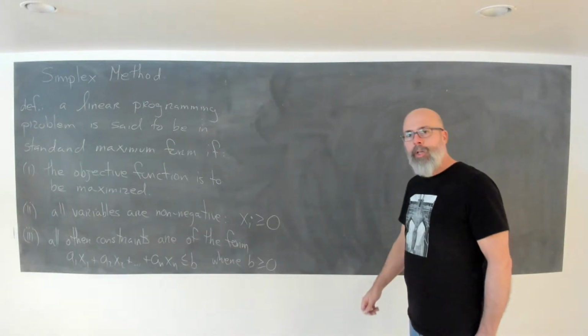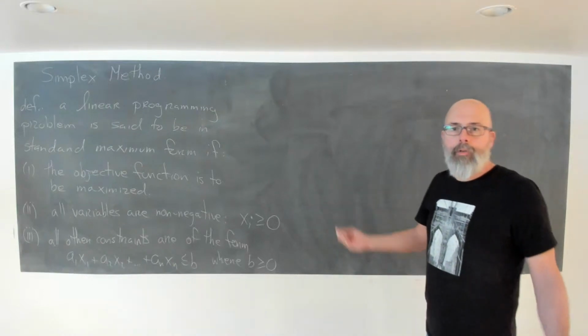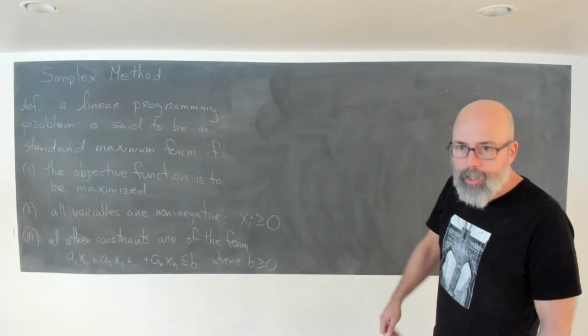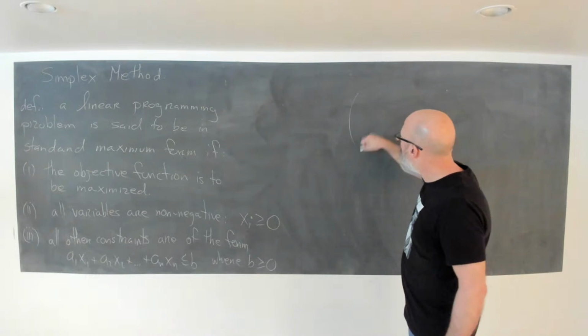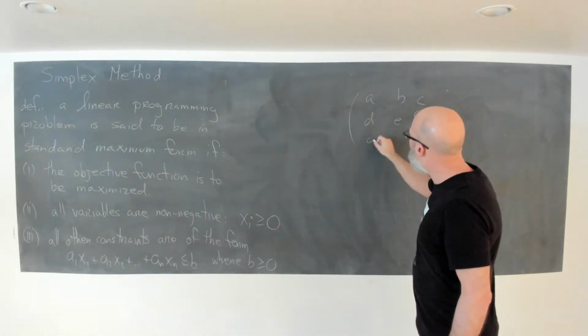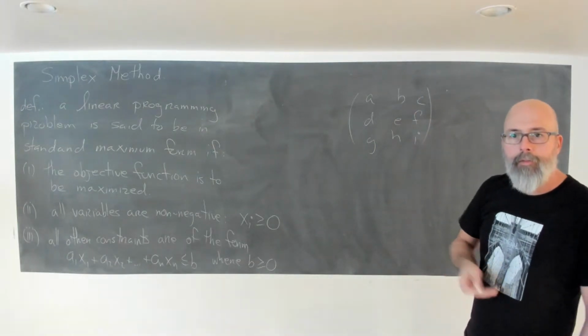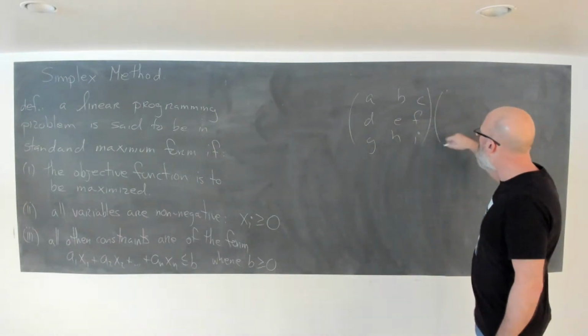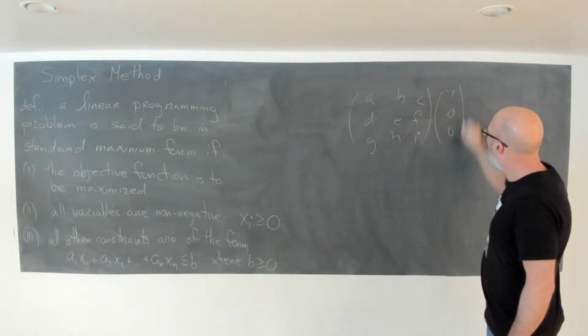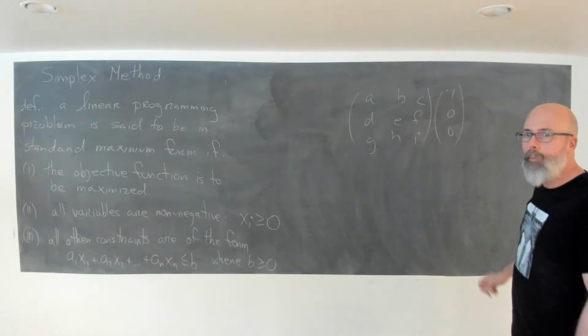Back to Blake's question though. We are looking for a 3x3 matrix. So, just write out a general 3x3 matrix. A, B, C, D, E, F, G, H, I. If you multiply that by the matrix 1, 0, 0, you should be getting 1, minus 2, 4.